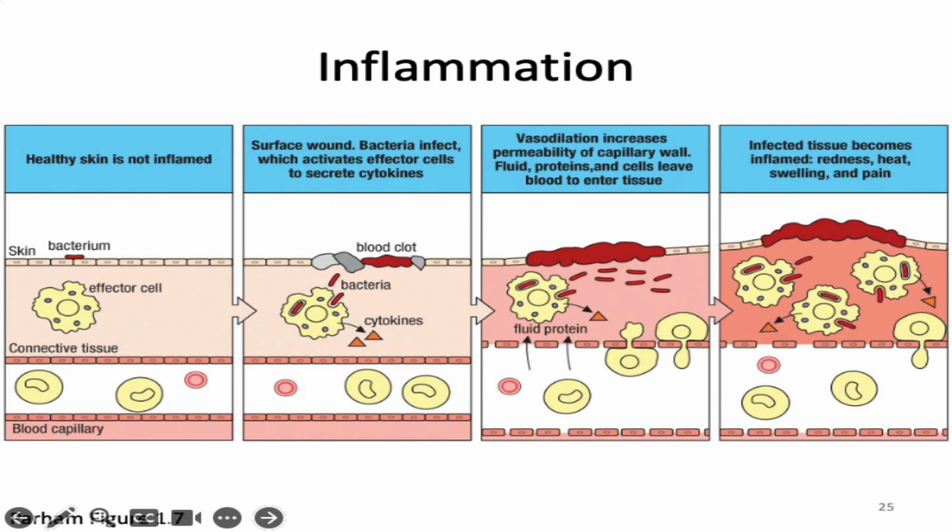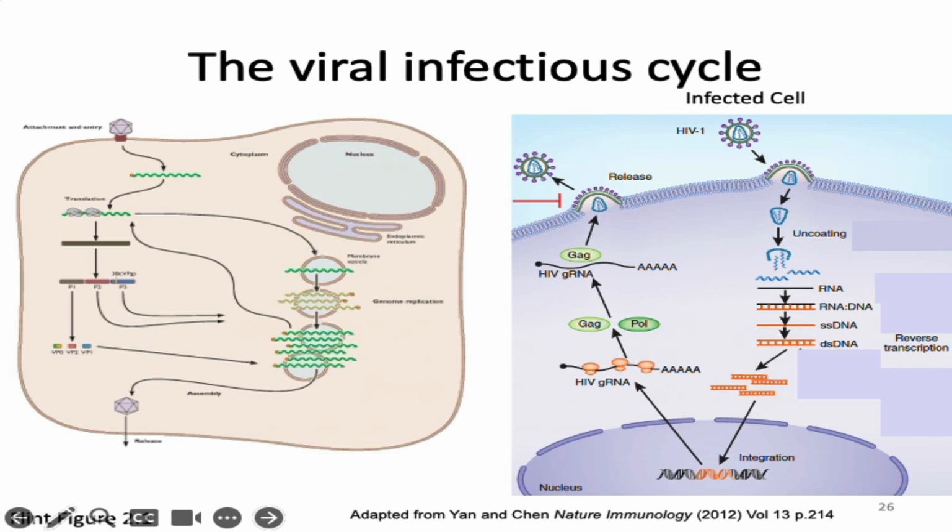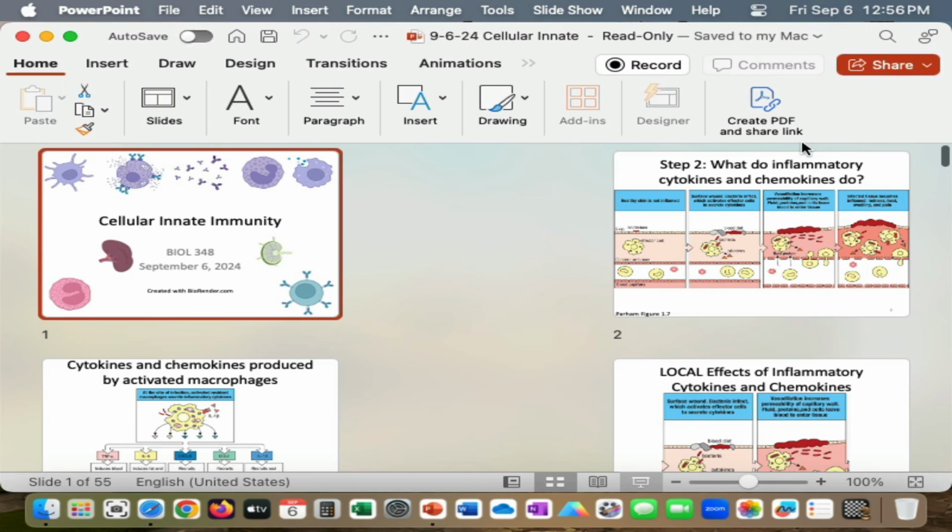And that's because viruses have some different biology than bacteria. They are largely, for example, replicating inside of cells, while this bacteria is outside of cells, among other things. And so the best classic response to a virus in this innate immune response is going to look a little different. And so we're going to start with thinking about what's the virus version of this inflammation process.